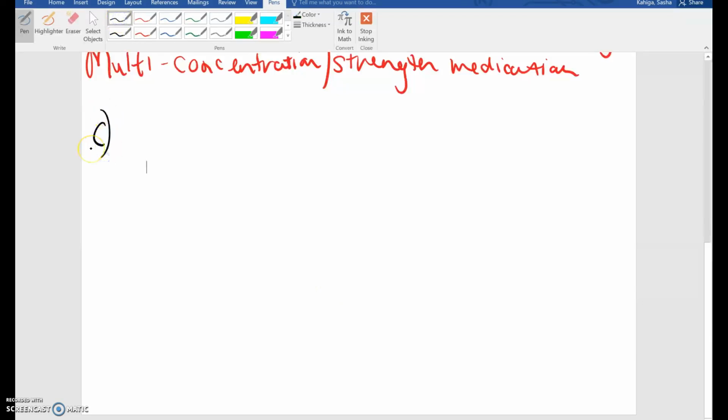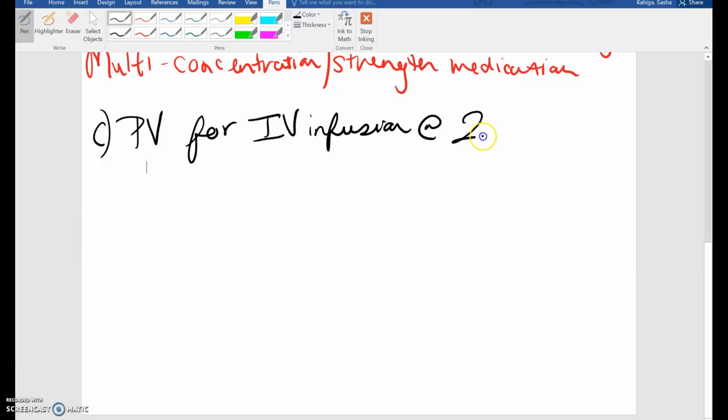So C says, what is the powder volume for intravenous infusion at 2 grams dosage? So remember, your formula is still the same. PV equals FV minus DV.